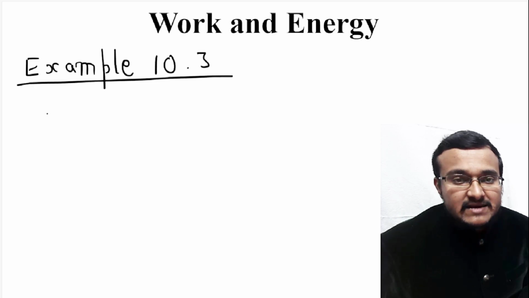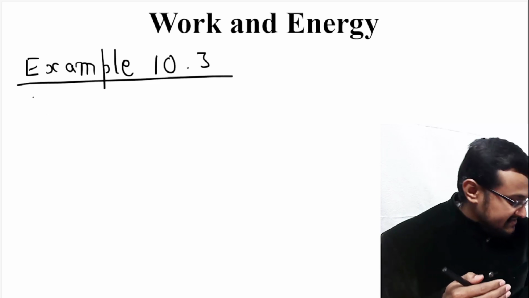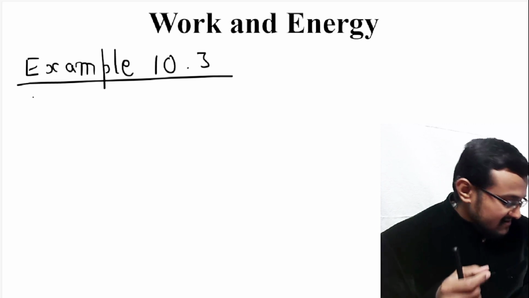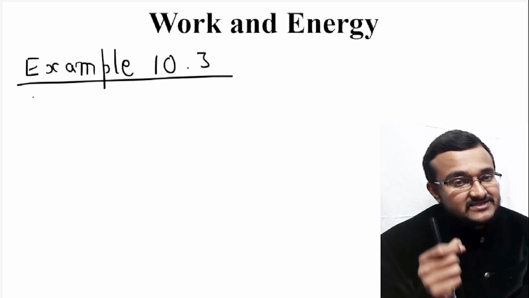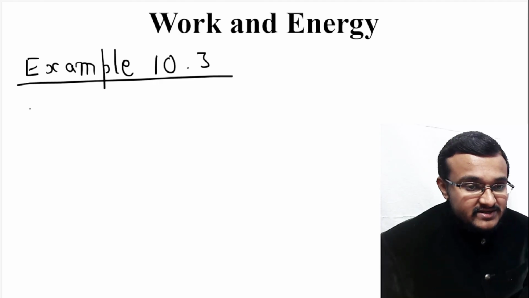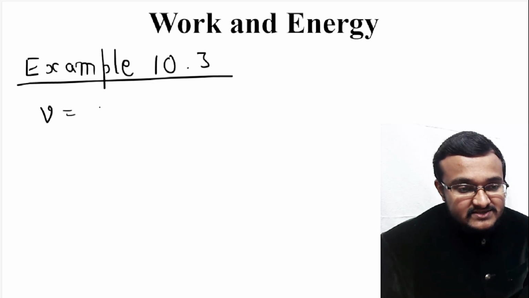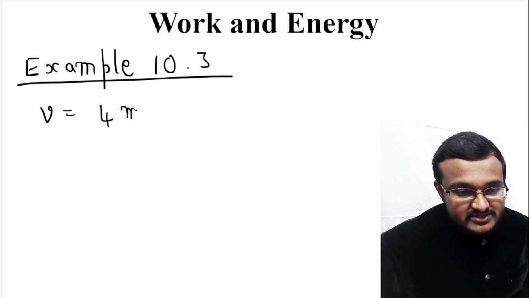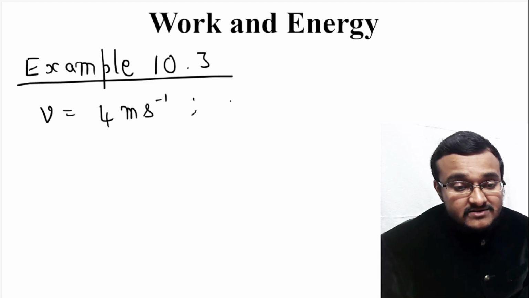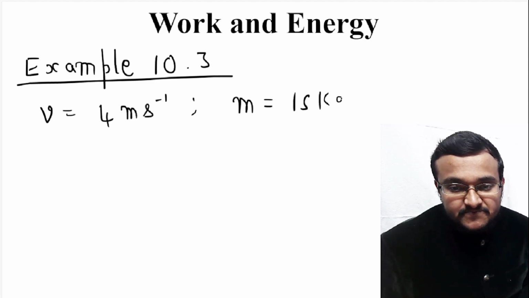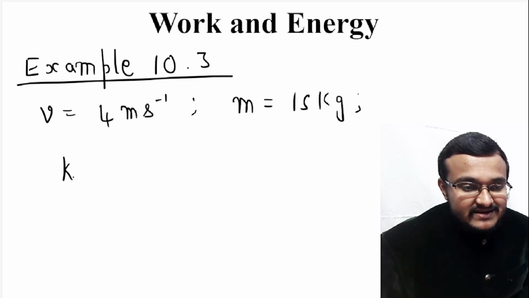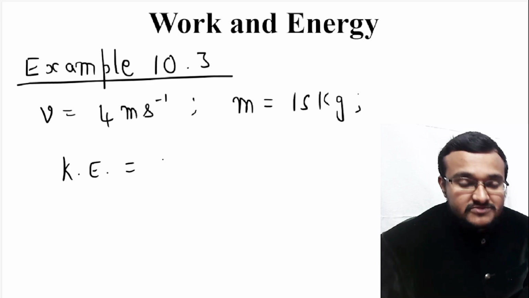In example 10.3, what they're asking is that you have to calculate the kinetic energy of an object. The data they have given is velocity equal to 4 meter per second and the mass of this object is equal to 15 kg. Now you have to calculate the kinetic energy of this object.